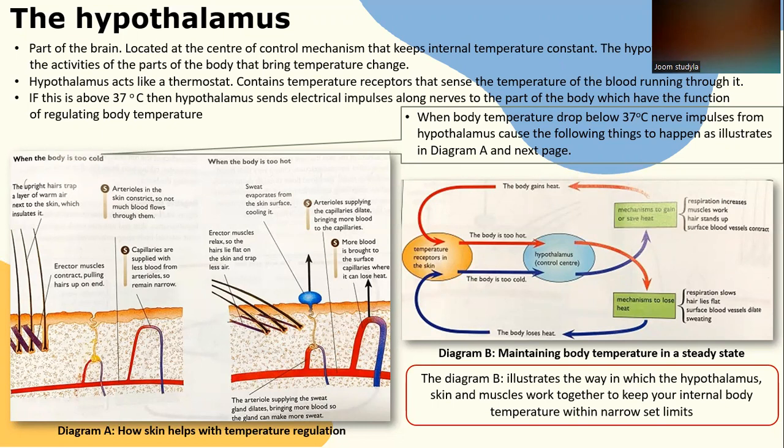So this is maintaining body temperature in a steady state. When the body is too cold, what will happen? A signal is sent to mechanisms to gain or save heat.